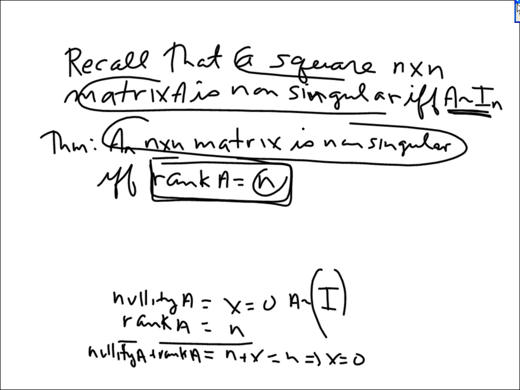Okay, so if the rank of the square matrix A, the n by n matrix, is n, let me start over. If A is n by n, and the rank of A is n, then the matrix A is non-singular.